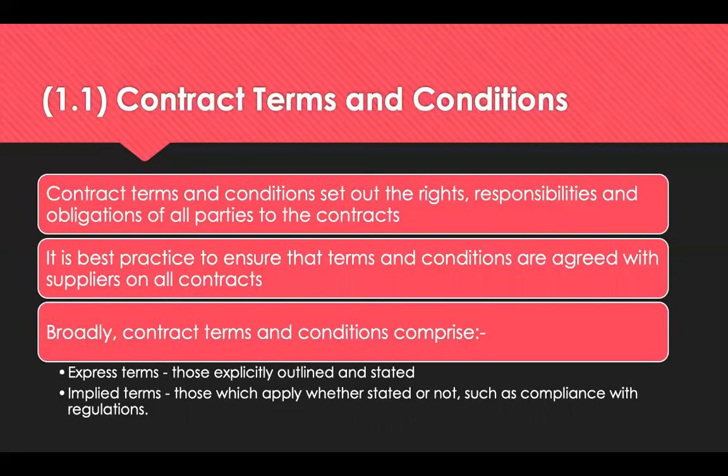But broadly, contract terms and conditions comprise of expressed or implied terms. The expressed terms are those that are explicitly outlined and stated, whereas the implied terms are those that apply whether stated or not, and it could be things like compliance with regulations.